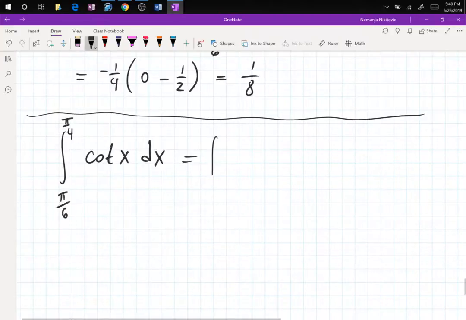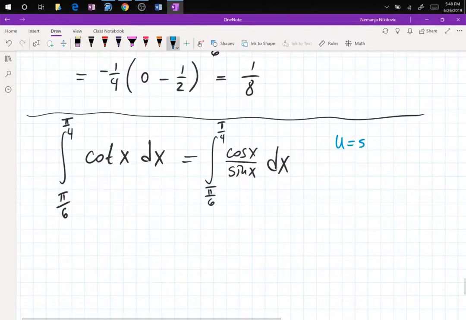So you said write this as cosine x over sine x dx. We still have pi over 6 to pi over 4 as limits. Then we have u equals sine x, du equals cosine x dx.